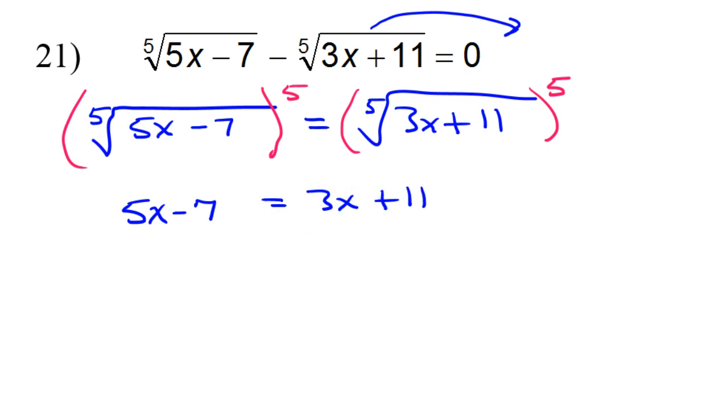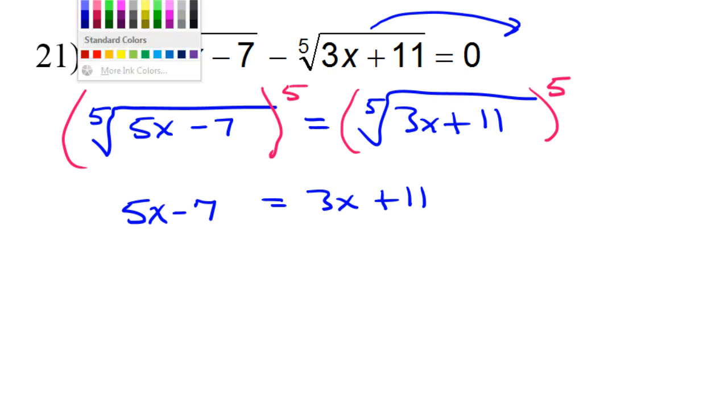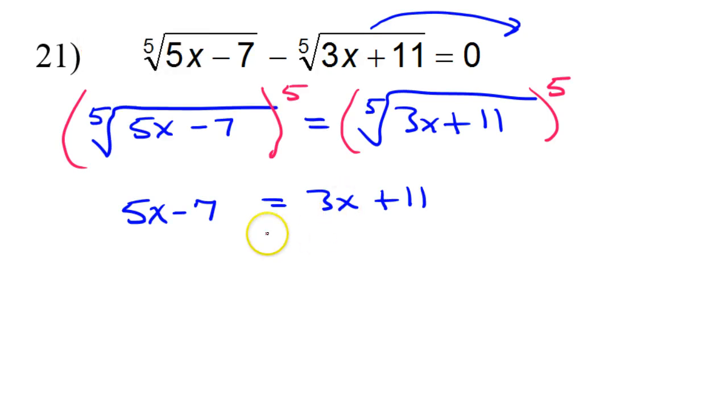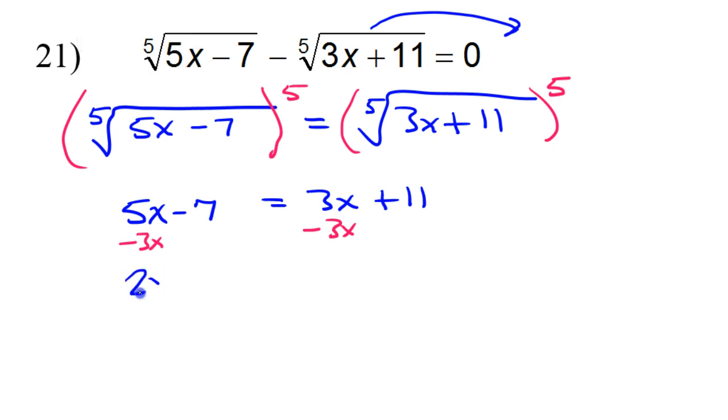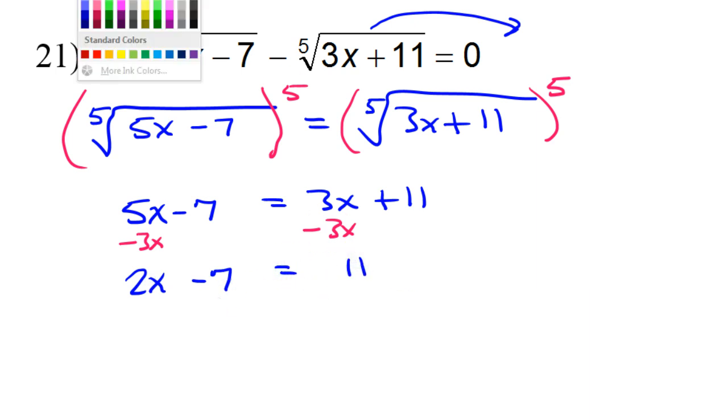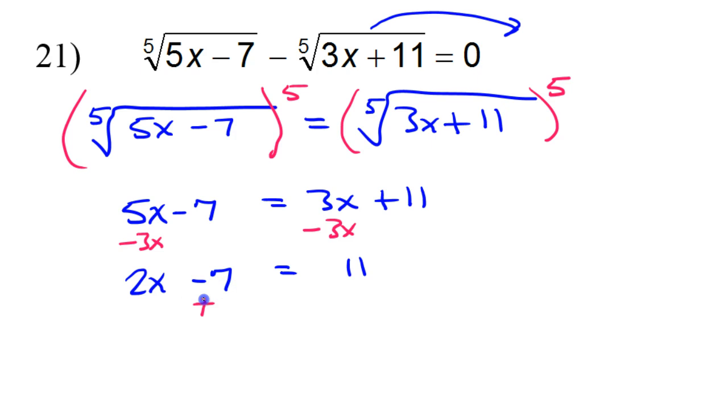And then we just solve it like you learned to do in the 8th grade. I have my x's on opposite sides of the equation, so I will get those together by subtracting 3x from both sides. So that's going to give me 2x minus 7 is equal to 11. Then I will add 7 to both sides. I'm just trying to get x by itself.